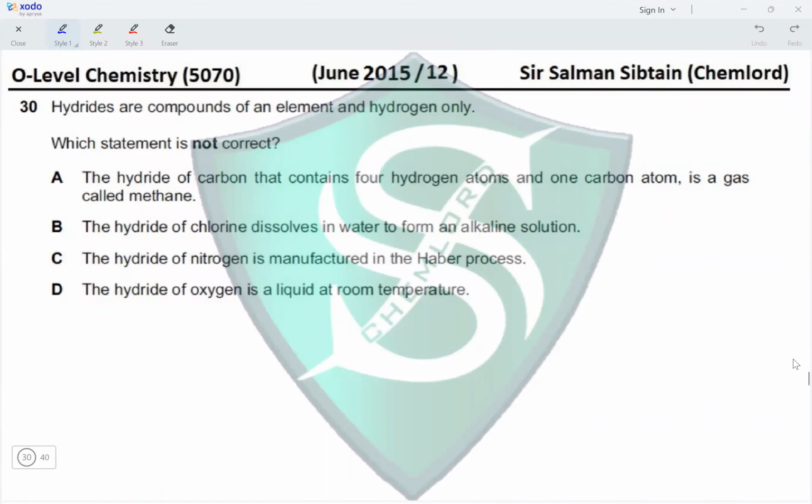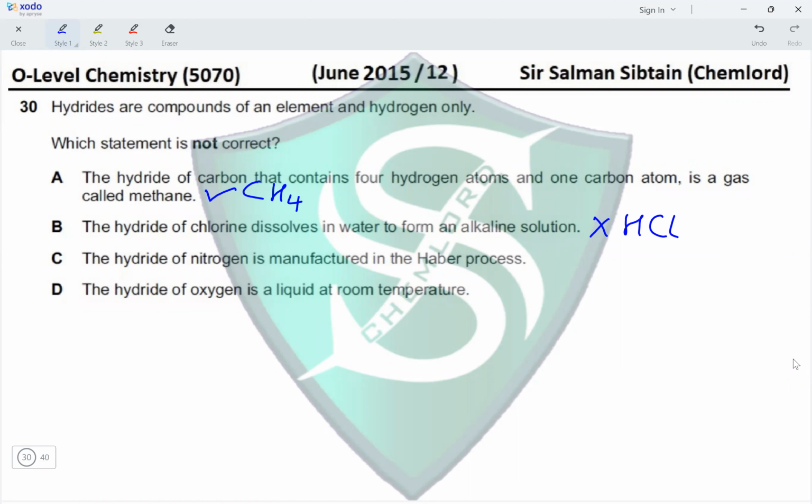Question 30. Hydrides are compounds of an element and hydrogen only. Which statement is not correct? The hydride of carbon that contains 4 hydrogen atoms and 1 carbon atom is a gas called methane. Yes, CH4. This is correct. The hydride of chlorine dissolves in water to form an alkaline solution. No. HCl is an acidic hydride of chlorine.